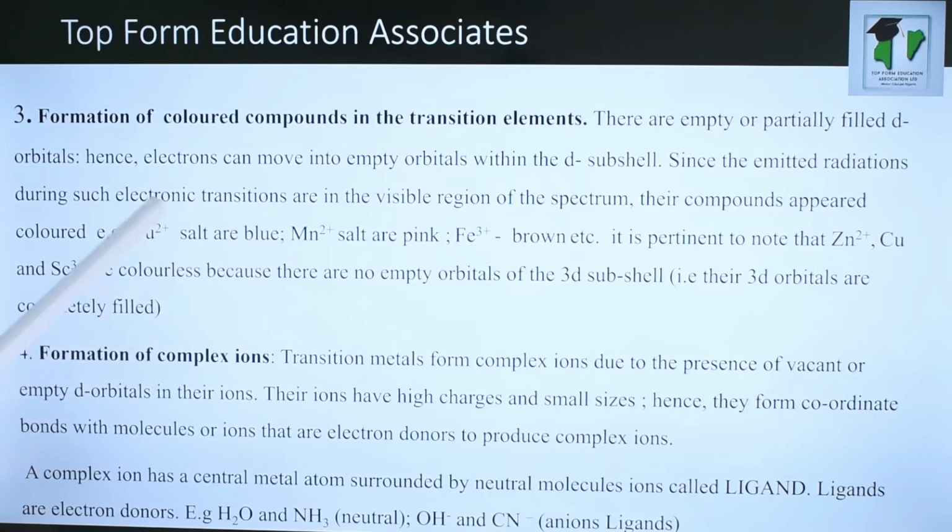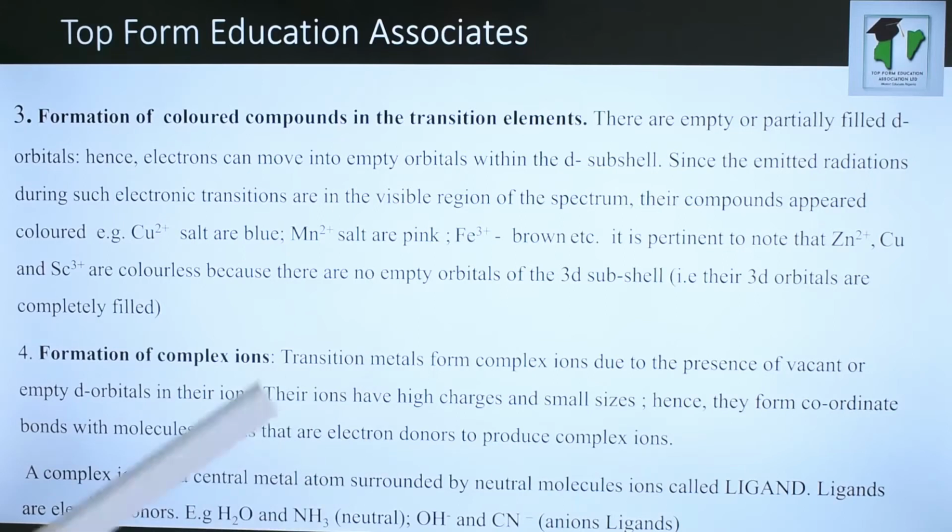For instance, when you add sodium hydroxide to a salt containing copper, a bluish color will appear. For manganese, pink, and for iron(III), brown. The reason for all these is that the transition metals have partially filled 3d orbitals.